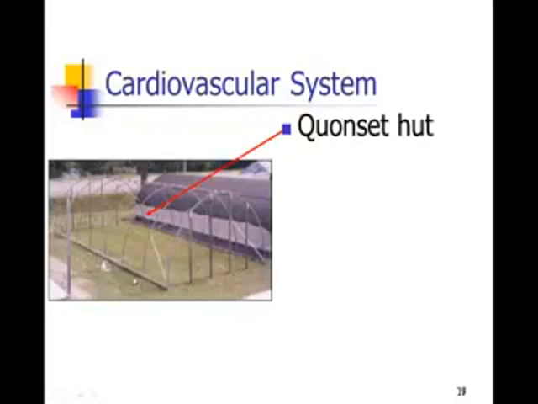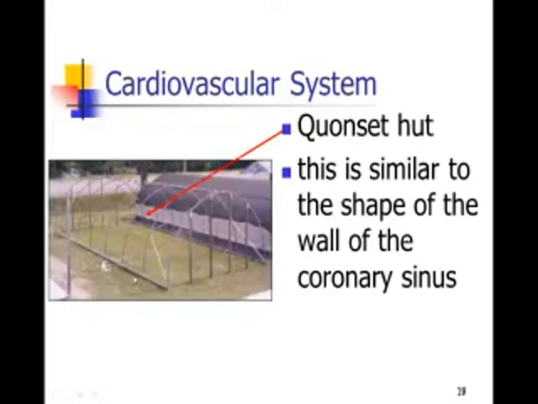The coronary sinus has a structure not unlike a Quonset hut. Quonset huts were designed during the Second World War to meet a need to be able to put up inexpensive housing quickly without a lot of resources and effort. And one of the things they did was they saved by not installing a floor.